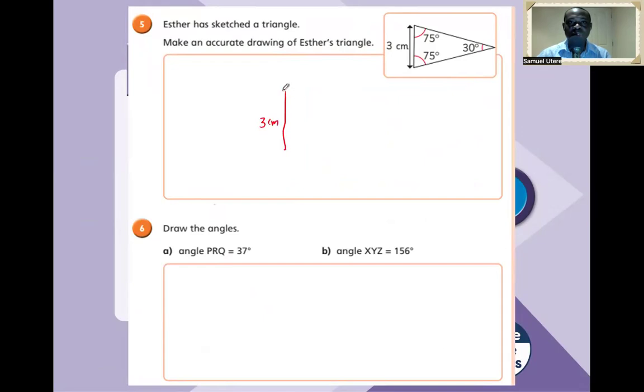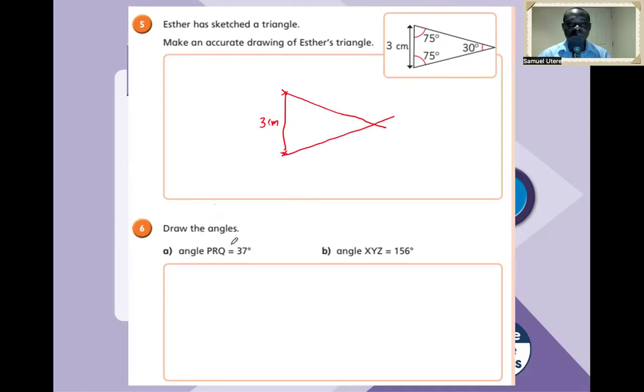You're going to position one of the crosshairs of the protractor here, and then you're going to measure 75 degrees. You draw the line as long as you can. You're going to position the other crosshair of the protractor here, and you measure 75 degrees. You will find that they will meet, and then you would have drawn the drawing correctly.